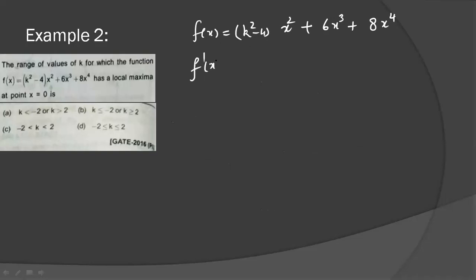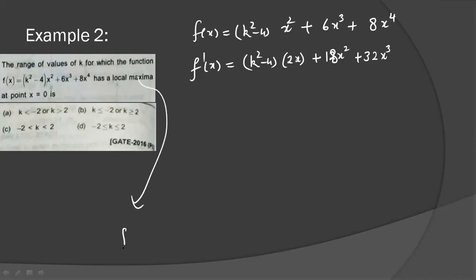You know f'(x) is (k squared minus 4) into 2x plus 18x squared plus 32x cubed. Can you tell me what is given to you? Local maxima at 0 means at 0 the second derivative is negative. The critical point 0 is given. Local maximum means the second derivative is negative.